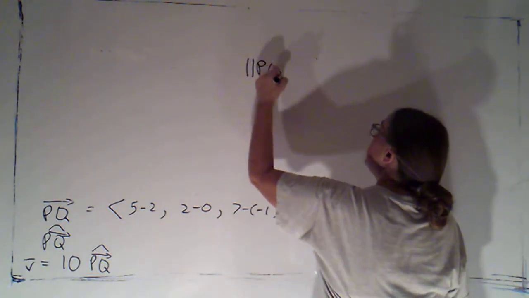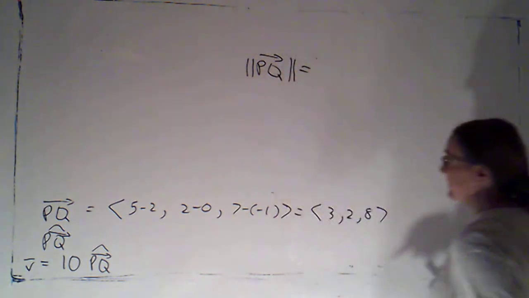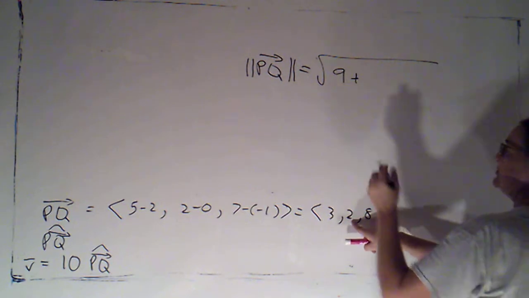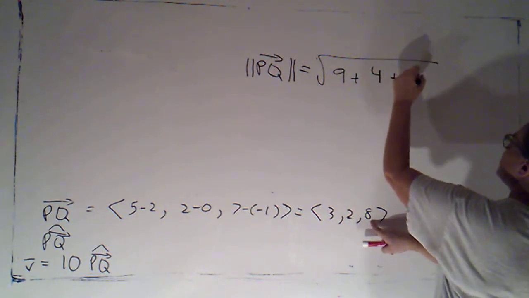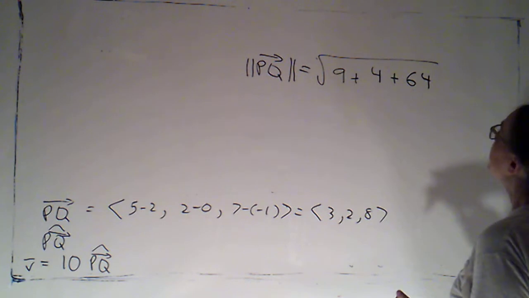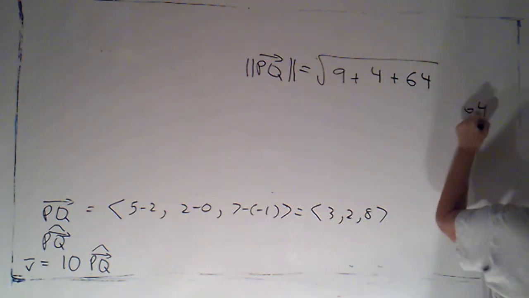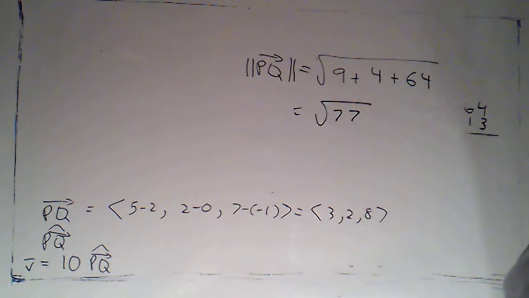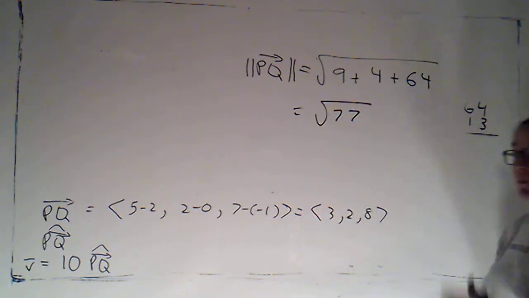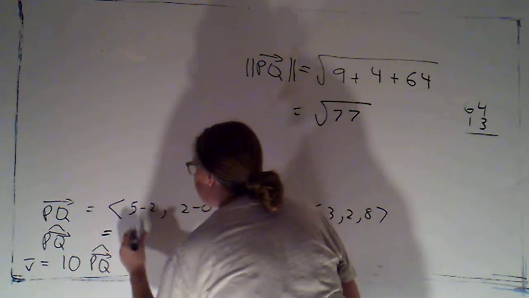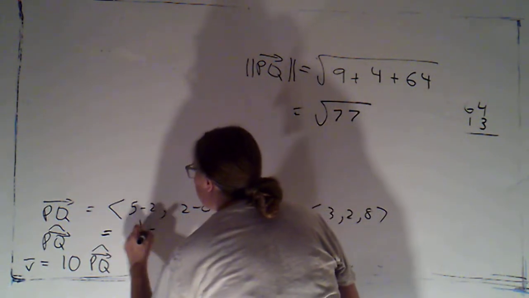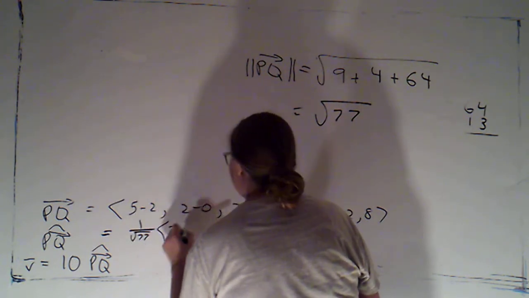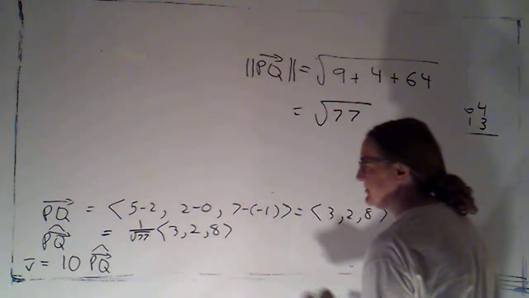So the magnitude of PQ is going to be the square root of 3 squared is 9, plus 2 squared is 4, plus 8 squared is 64. So let's see, that's 64 plus 13. That's going to be the square root of 77. Okay. So PQ hat is going to be 1 over root 77 times (3, 2, 8).